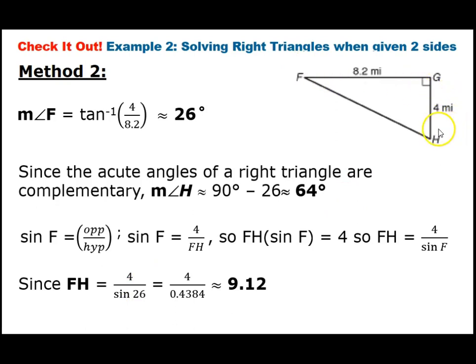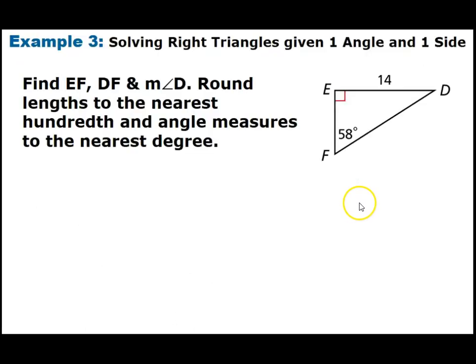We're looking for FH. 26 was the measure of F, and sine is opposite over hypotenuse. We're solving for the hypotenuse, so we're going to do 4 over the sine of 26, and that's 9.12. So again, it doesn't matter which method you use, both will give you the same answer.